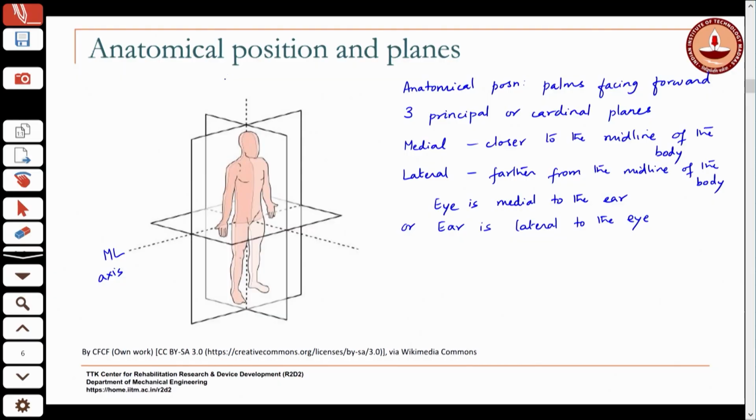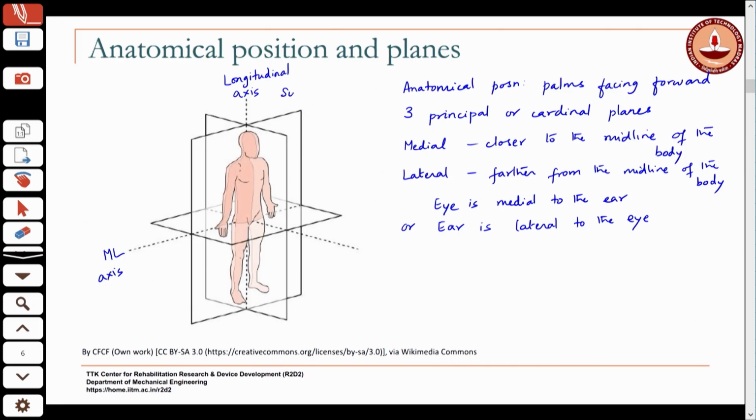Then the third axis is the axis that is perpendicular to the transverse plane, and that axis is the longitudinal axis. Along the longitudinal axis you can say something is superior or inferior.